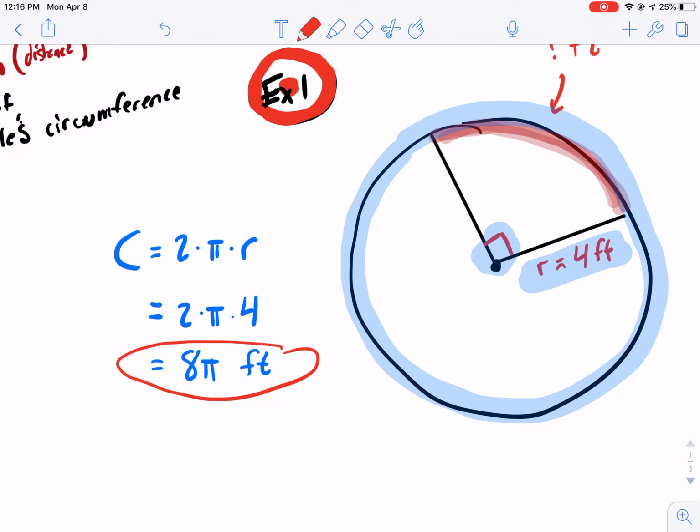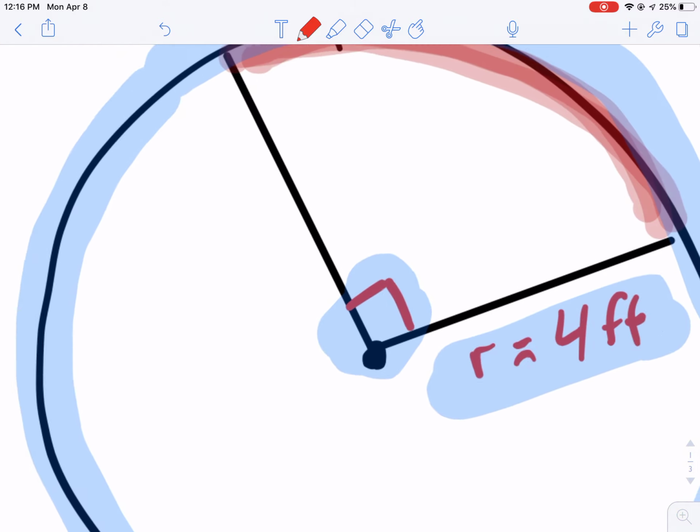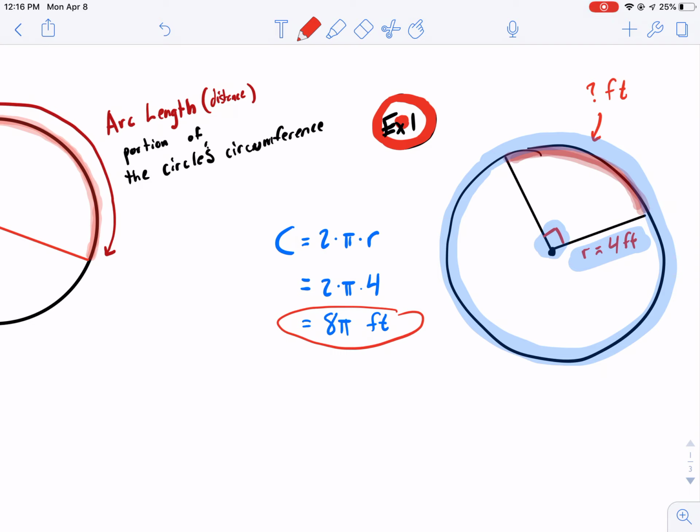That's not our final answer, though, because we don't have the whole circle. We have a quarter of a circle. Notice how it looks like I have a quarter of a circle. Now, how do you know it's a quarter of a circle? Well, if that's 90 degrees, that's out of the total 360 degrees. What percentage is that? If we reduce the fraction, it's 1 over 4. So our answer isn't going to be 8 pi. We still have some work to do.